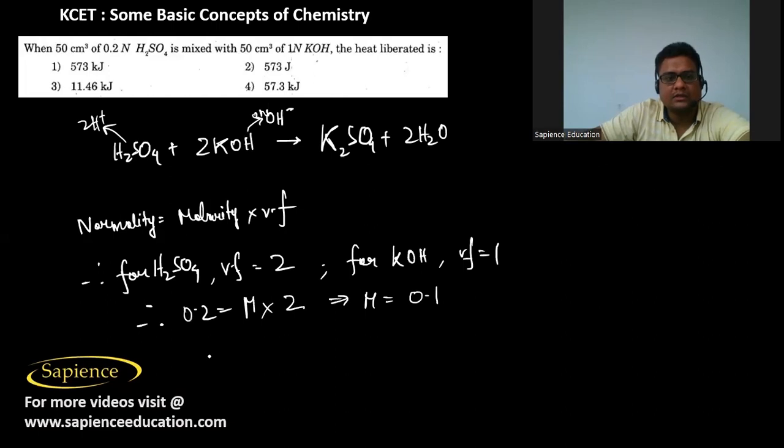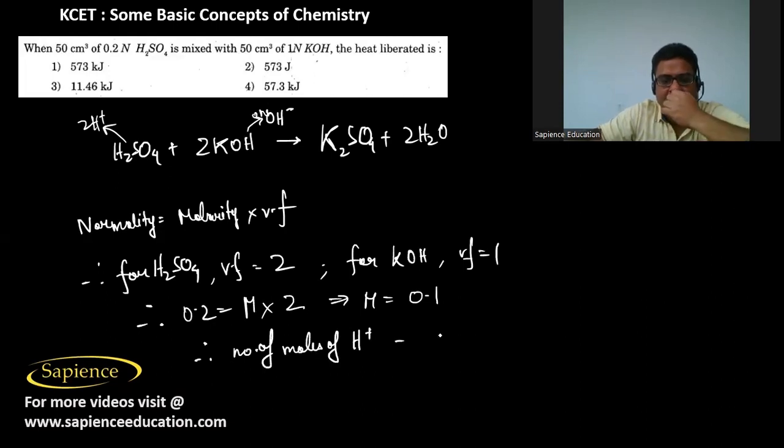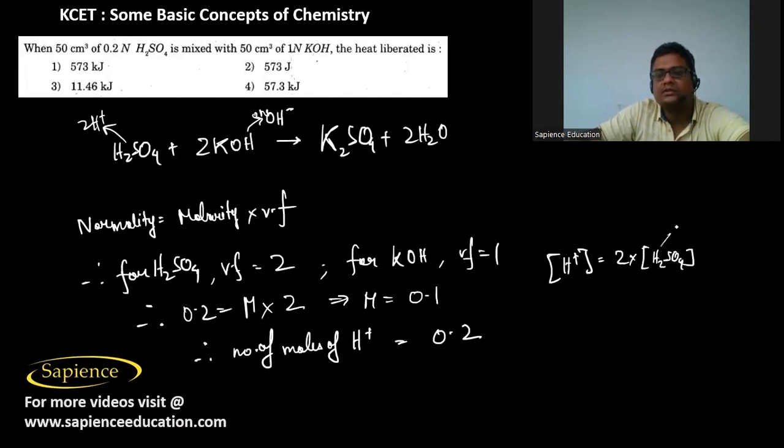But yeah, so therefore here the molarity of H plus will be 0.2 only, since 0.1 is the molarity of H2SO4, so the concentration of H plus ion will be twice the concentration of H2SO4, since one H2SO4 can give two H plus ions.